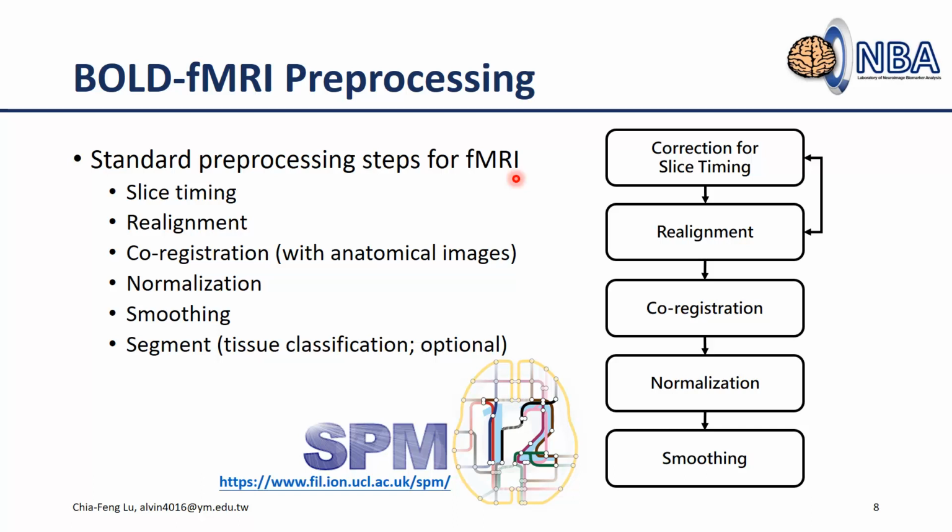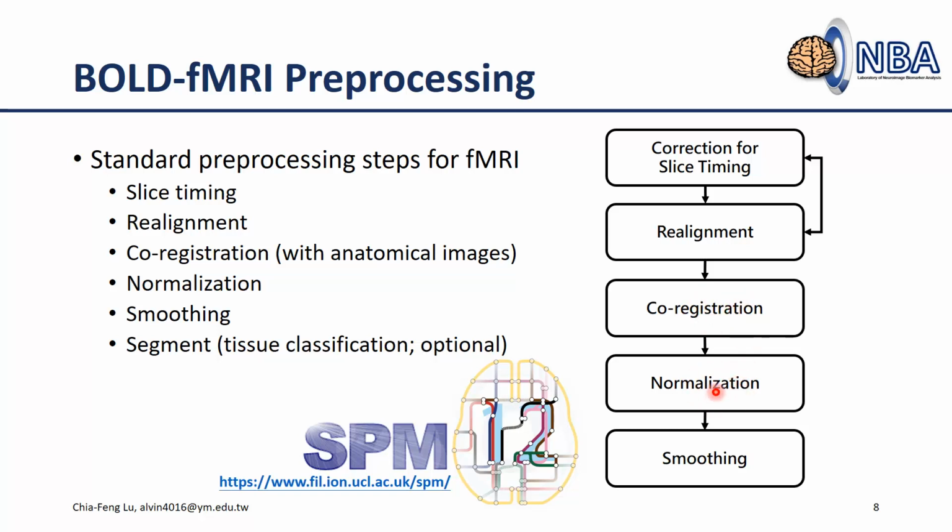However, this sacrificed spatial resolution can be regained if we co-register our functional imaging to the anatomical imaging. So we will perform this co-registration step so we can have very clear, high resolution anatomical information.